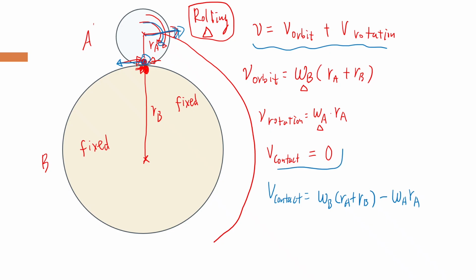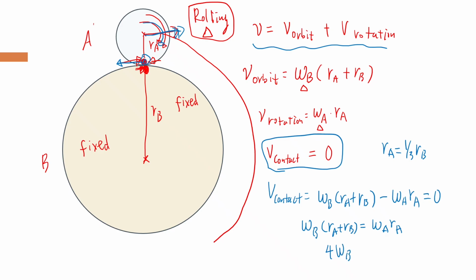Because this contact point velocity is 0, we know omega B times RA plus RB equals omega A times RA. And we know RA is 1/3 of RB. Then basically we know 4 times omega B equals omega A.